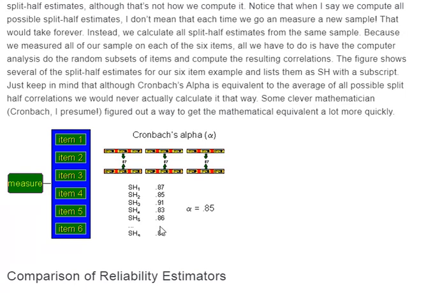The average of all splits is 0.85. We can compute it by a statistical method as well, through SPSS, and this is a high alpha, so there is existence of the internal consistency of the test.